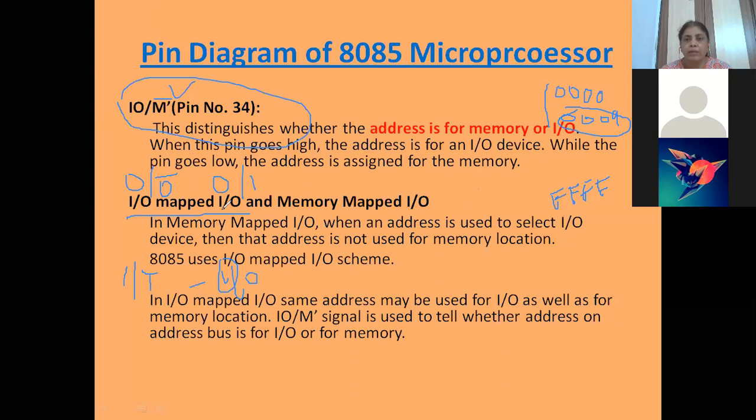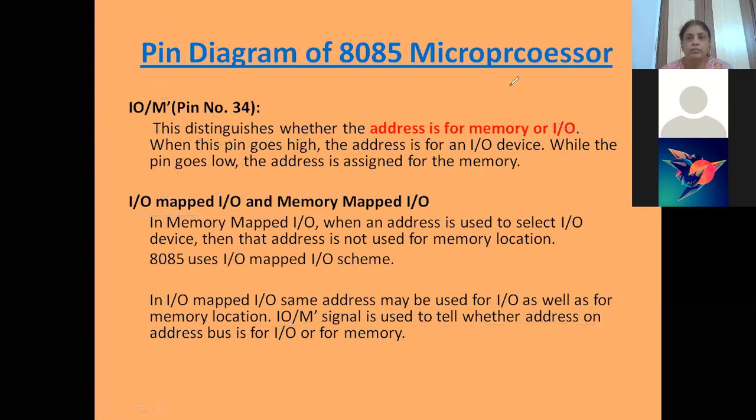So in IO mapped IO we have same address for input output devices as well as for memory. तो यहाँ पर उसको कौन डिफ्रेंशिएट करेगा? IO/M bar signal. It will tell whether the address on the address bus is for IO or for memory. Clear? Krishna, you have any doubt? No, ma'am. Okay.